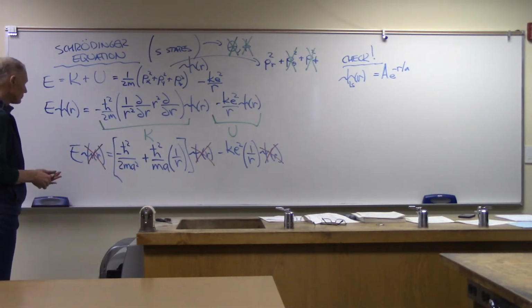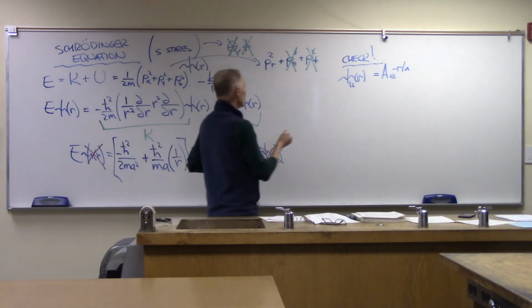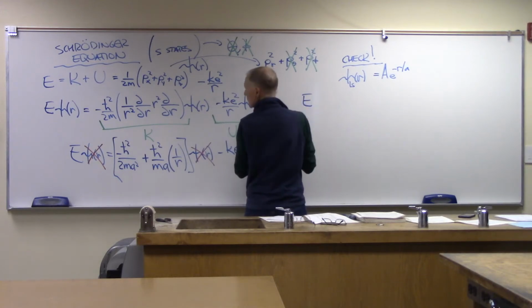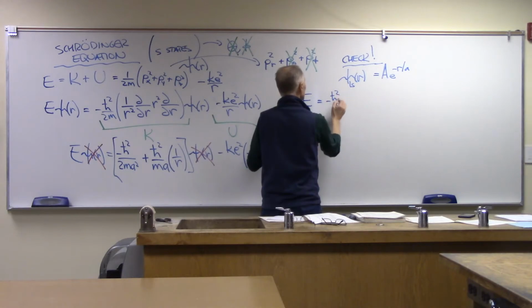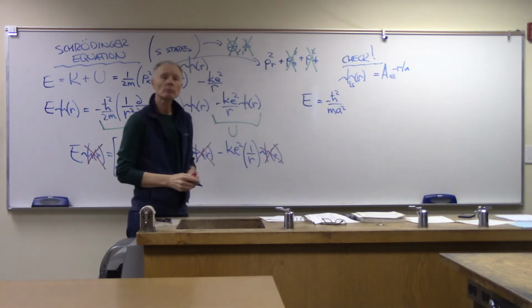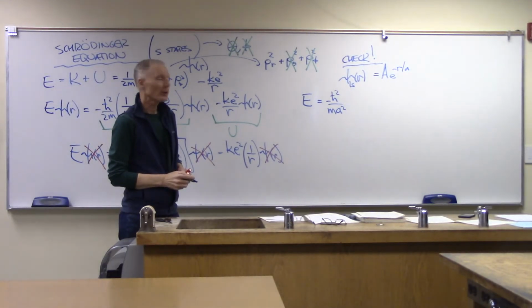And let's see what we have left. So what we have left is this. I'm going to write this out. We have E is equal to minus h bar squared over m a squared. All right?